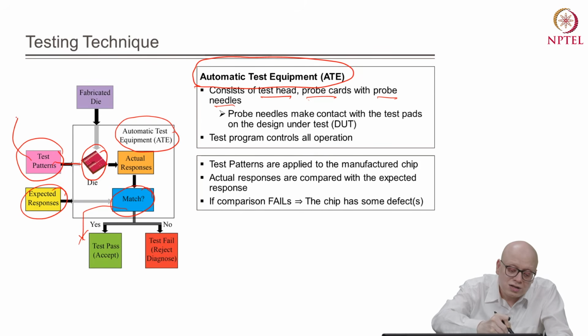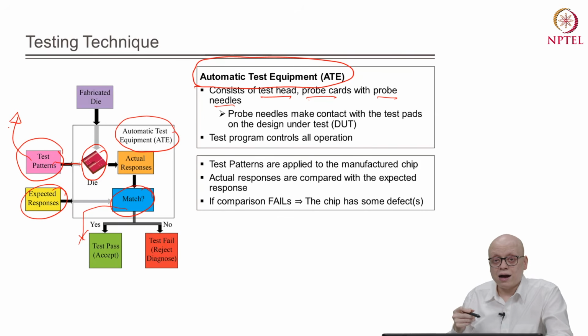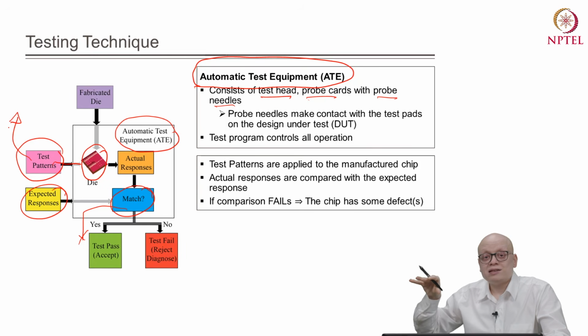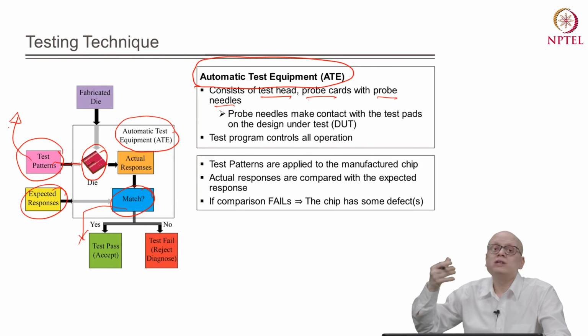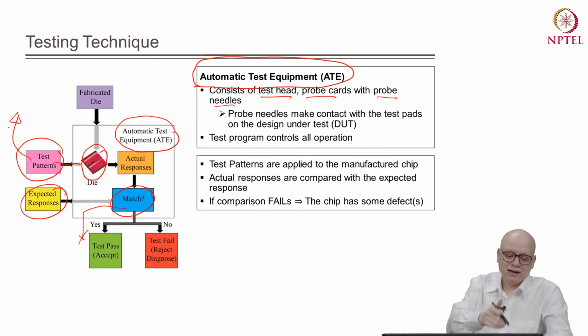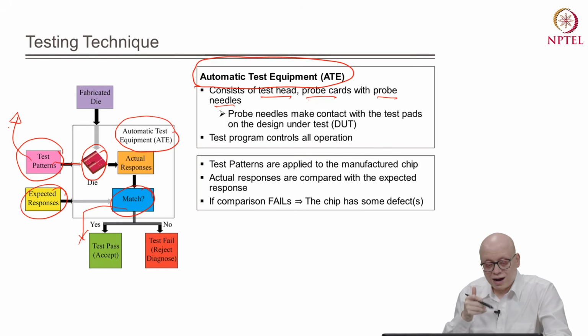These test patterns are designed by considering our design functionality such that if we apply this test pattern for a given fault, the good circuit and the bad circuit, meaning a circuit which has a defect, will produce different output responses. By observing the response, if those responses are different, we can say that there exists a fault in our fabricated die. So, this is the basic technique of test pattern based testing or manufacturing test.